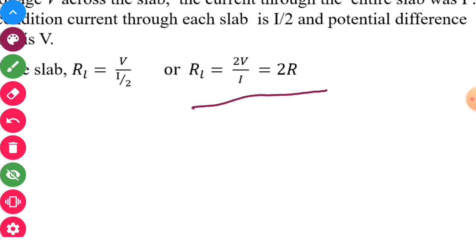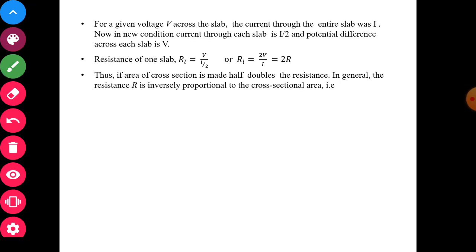So we can say if the area is made half, try to understand, if area is made half, its resistance is doubled. So we can say that the area of cross section and resistance of the conductor are inversely proportional to each other.